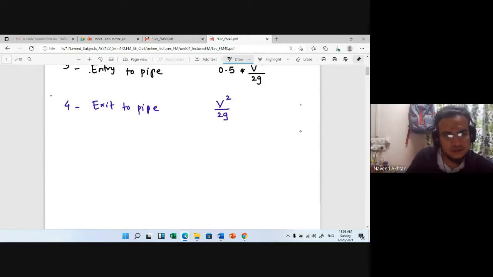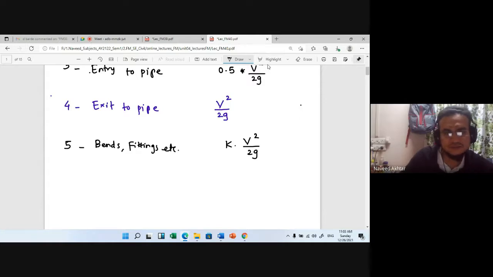Then fifth one, bends, fittings, etc. The loss is K times V square upon 2g.